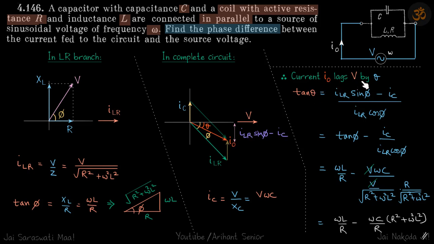We can see I0 lags behind voltage by theta, and tan theta is given by this upon this. So this is ILR sin phi minus IC. You can see in this parallelogram, this height will be this total height minus IC.